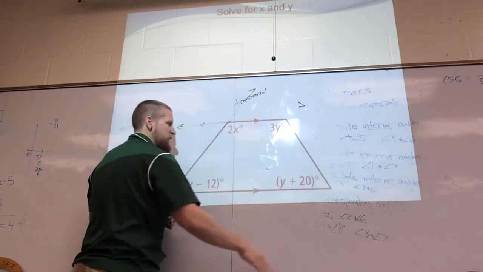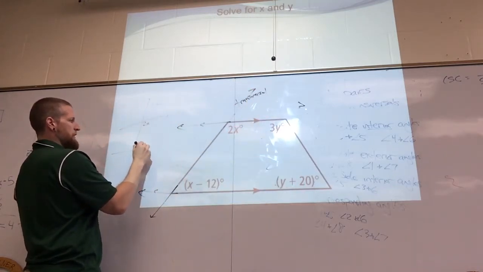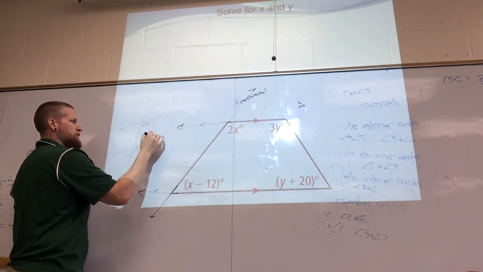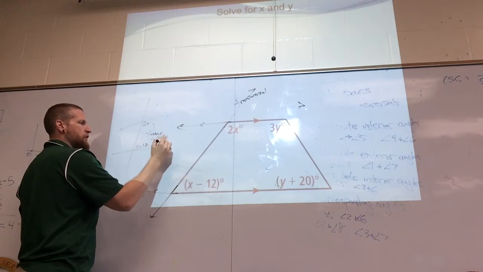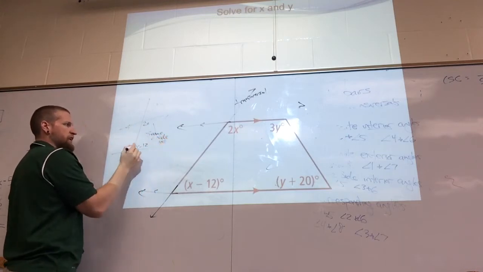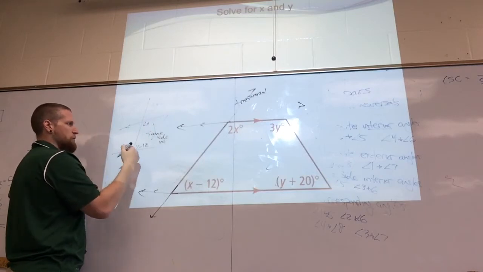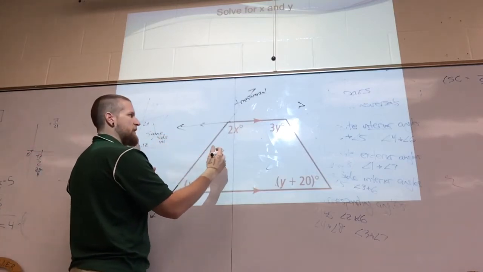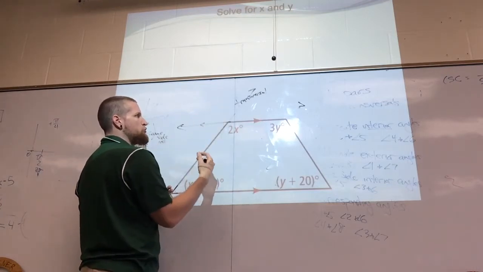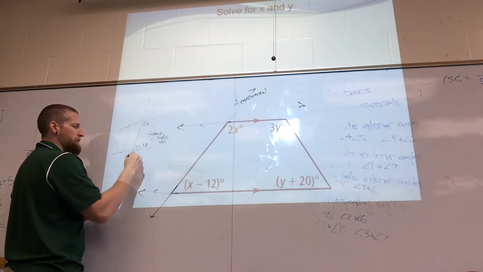If you imagine that being gone, you've got 2x right here, and x minus 12 here. These are the same side interior angles. With the parallel lines, what was the property? They add up to how many degrees? What was it? 180? So if I can imagine that, and you'll probably have to draw things on here, extend them out just so it matches with pictures you should have.